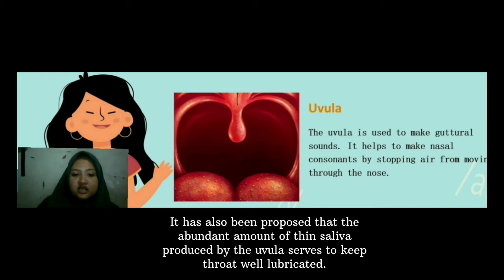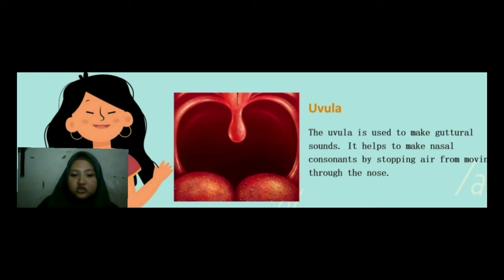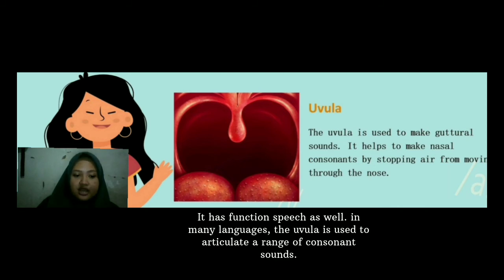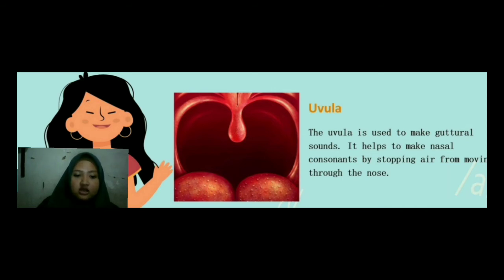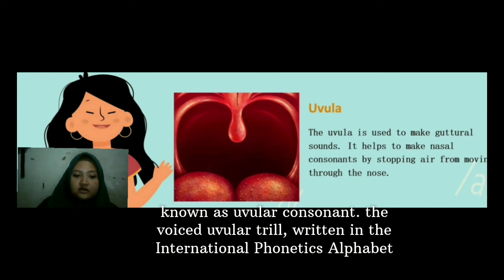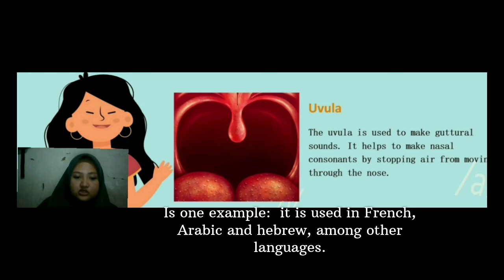serves to keep the throat well lubricated. It has a function in speech as well. In many languages, the uvula is used to articulate a range of consonant sounds. Known as uvular consonants, the voiced uvular trill is one example.